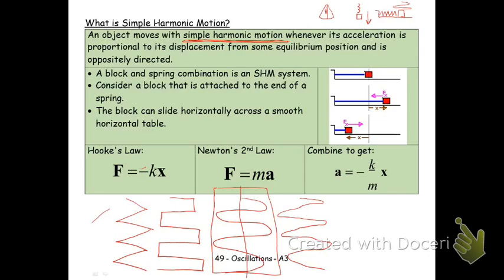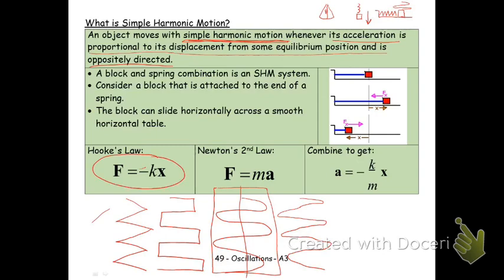Simple harmonic motion occurs whenever its acceleration is proportional to its displacement from some equilibrium position and is oppositely directed. Oh my word. Lots of words. What it basically says is you get simple harmonic motion when it obeys Hooke's law.